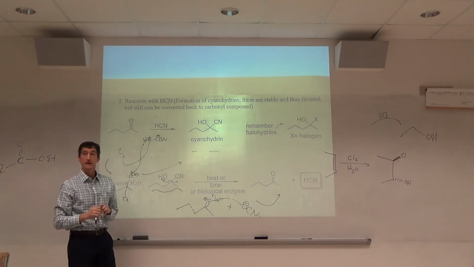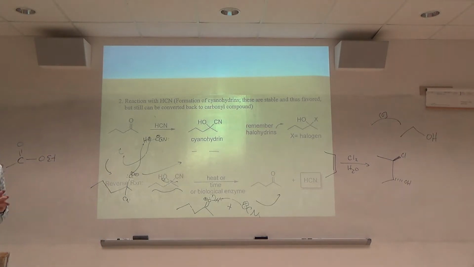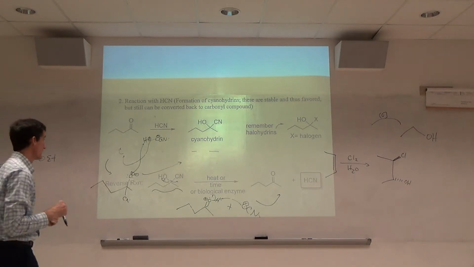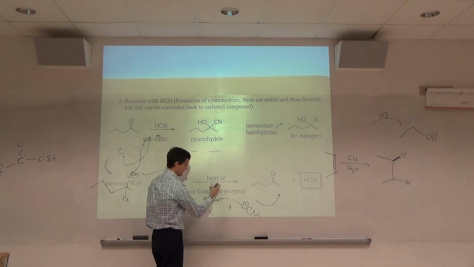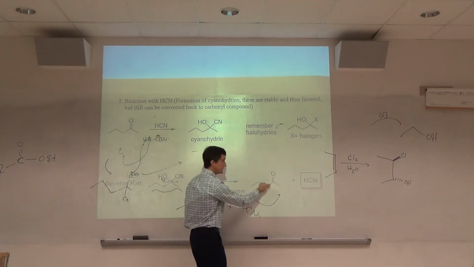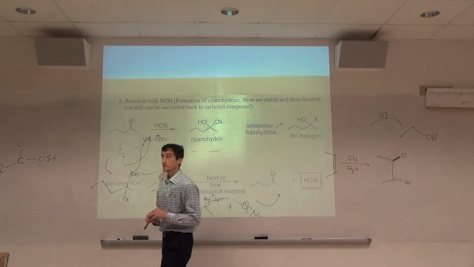Cyanohydrins, where are they found in nature? You ever heard of, they're in the pit of stone fruits, peaches. You ever heard that a pit of a peach contains cyanide? It contains a cyanohydrin. But you get these in your body, heat, biological enzyme, it reverses, liberates this, and you're toxic gas.